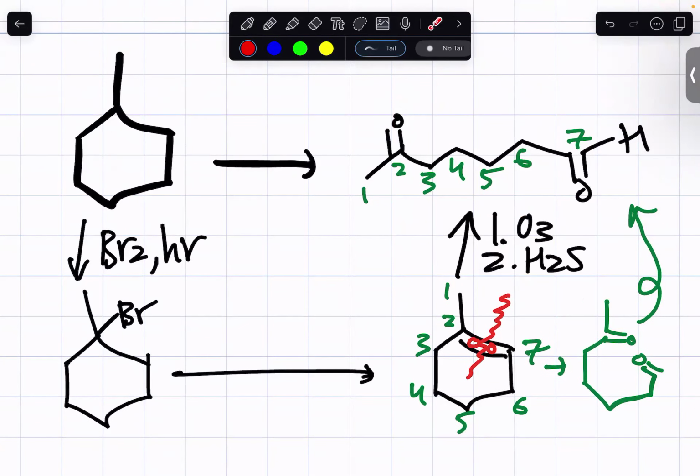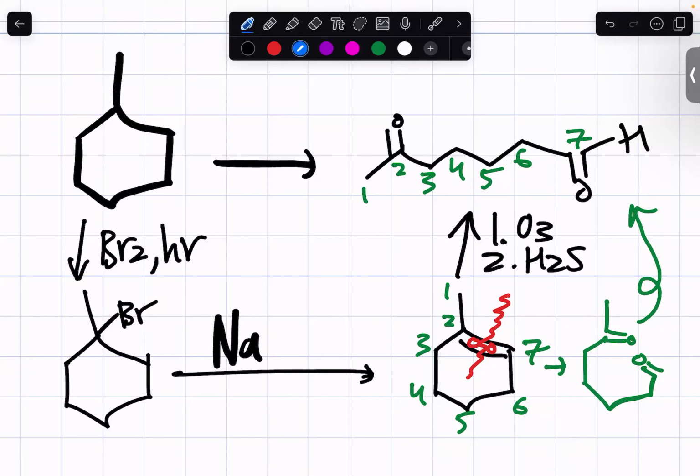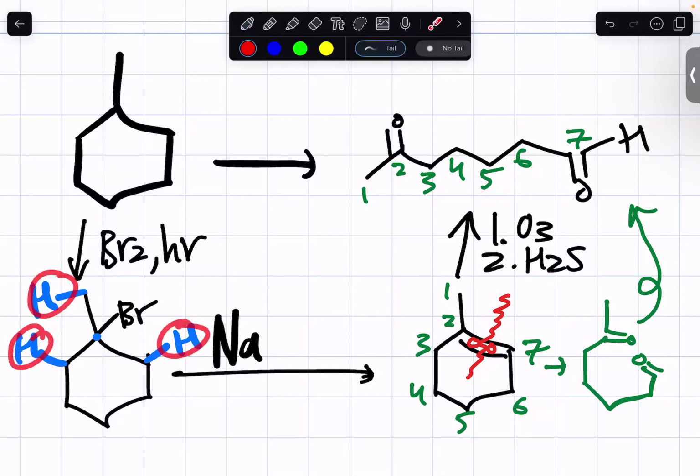Strong base, strong nucleophile. That's right. And we want to use an unhindered one or a hindered one? Hindered? Actually, I'm not sure. You know how these are the beta hydrogens here, right? Which hydrogen do we want to grab to make the double bond?